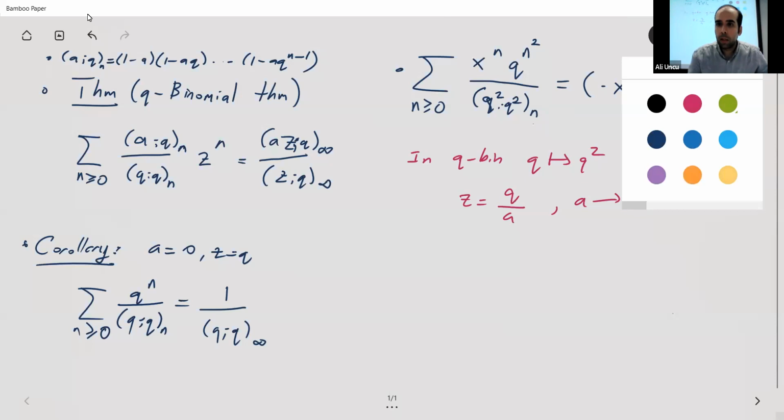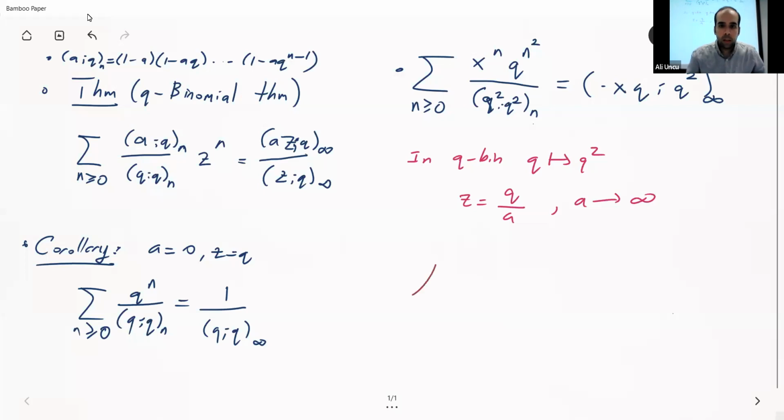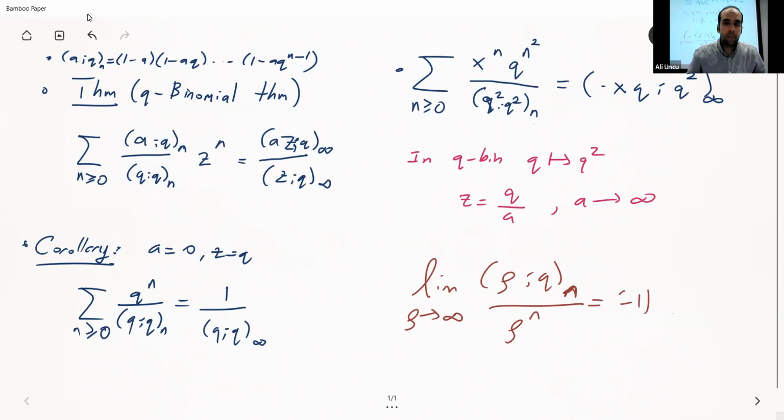So the limit as rho goes to infinity of (rho;q)_n divided by rho to the power n is (-1)^n q to the n choose 2, so it is q^(n(n-1)/2). So a good limit, a good formula that we will use today, a really strong theorem that will be core of things. This x, oh, that is what I meant.